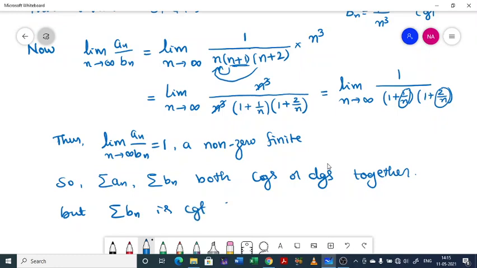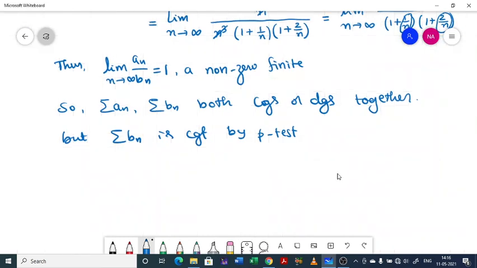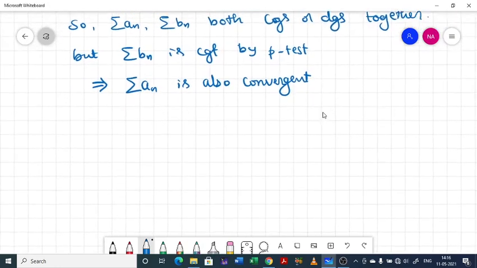It is convergent by p-test, or p-series you can say. So that implies summation an is also convergent. So that is the first problem on comparison test.